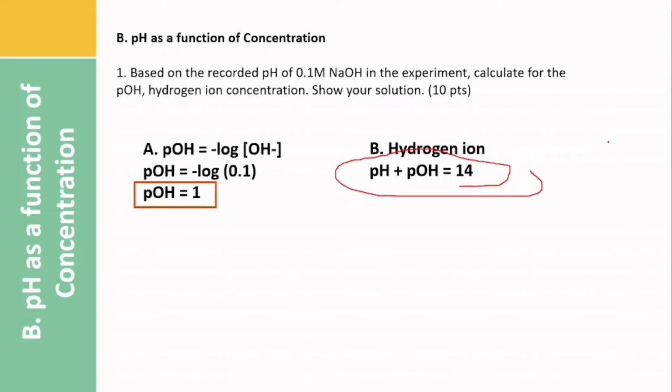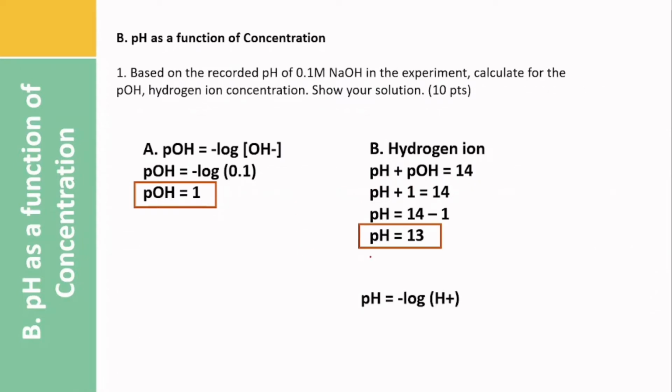Ang susunod natin gagawin dyan is ililipat natin si 1 sa kabila. Bakit po? Para makuha natin yung pH. Kailangan ma-retain yung pH, so dapat nating ilipat si 1 sa kabila, and then pag nilipat mo si 1 sa kabilang side of the equation, magbabago yung kanyang sign as a rule of math. So, magiging 14 minus 1 yan, and then magka-come up tayo sa result na pH equals 13.